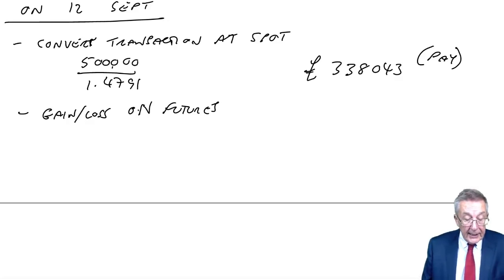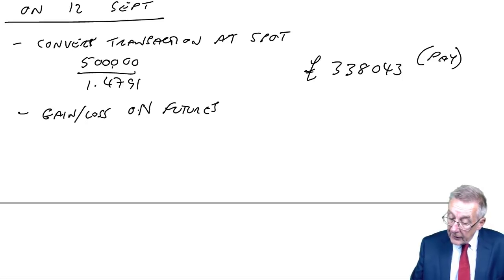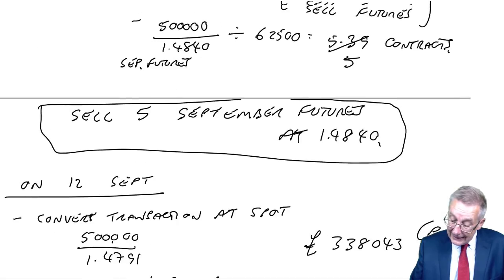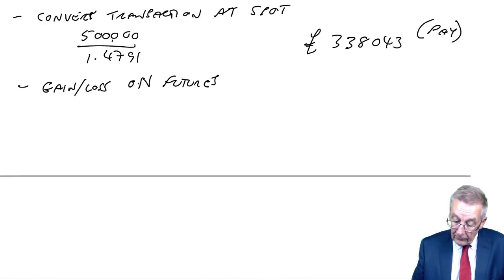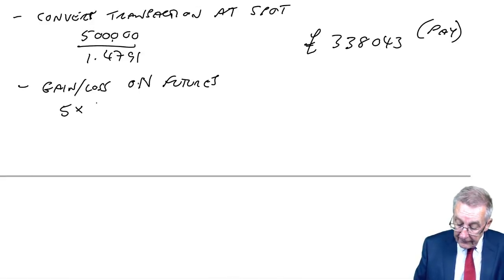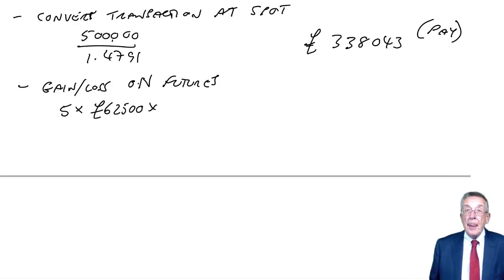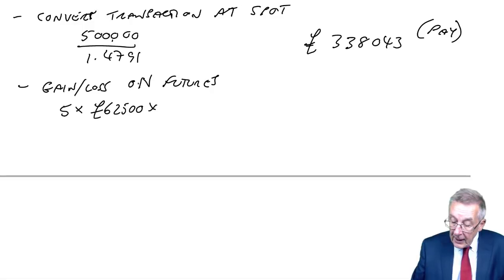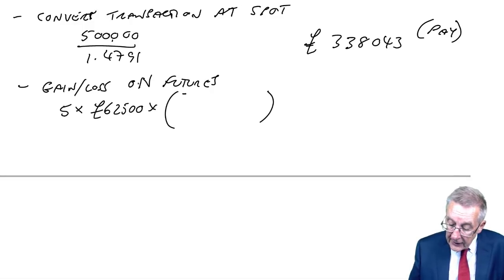But to calculate the gain or loss, we take the number of contracts. It was 5, times the contract size, £62,500, times the difference between the sell and the buy rate.